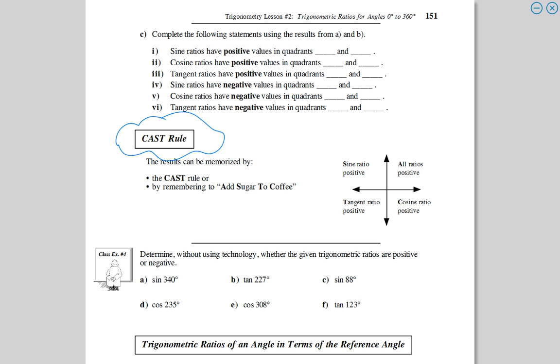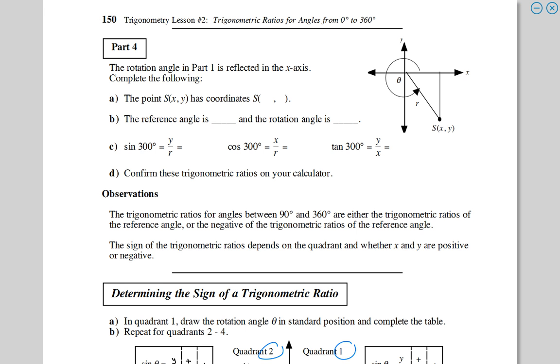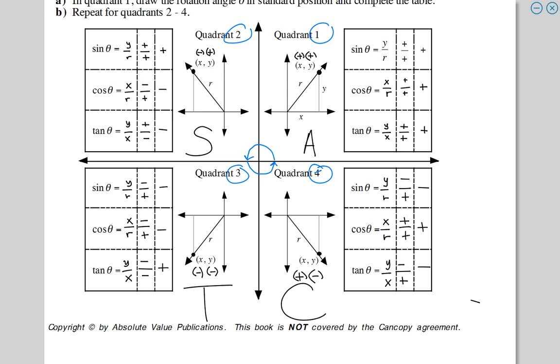Before we get to part C, let's just look at this. Let's first talk about the sine, in terms of the sine ratio, highlighted in blue. So in the top, sine is positive because sine goes with the y's, right?